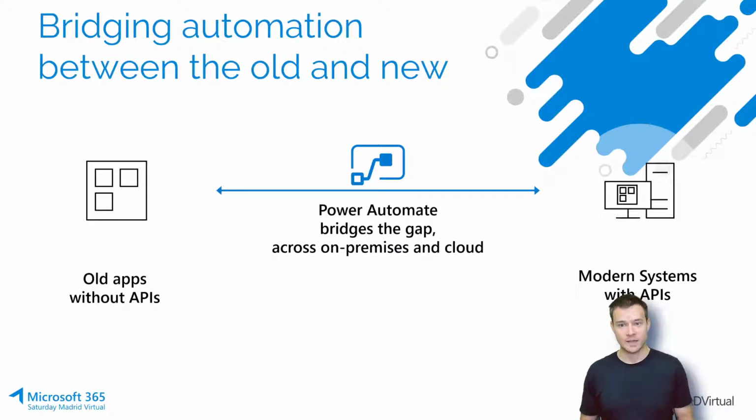With RPA, we can include these applications by mimicking what the user would do to read information from those systems, and what the user would do to write information to them. So this is where RPA fits.